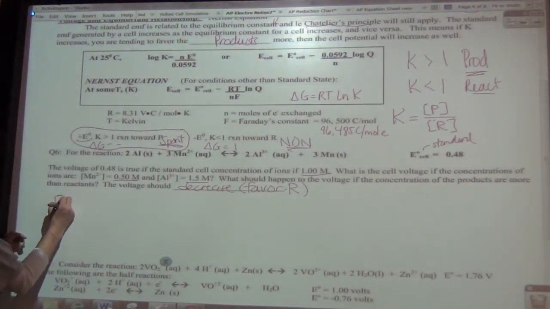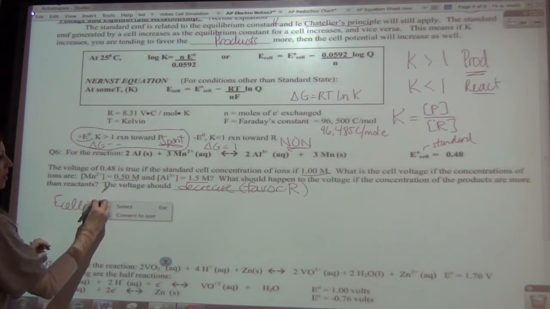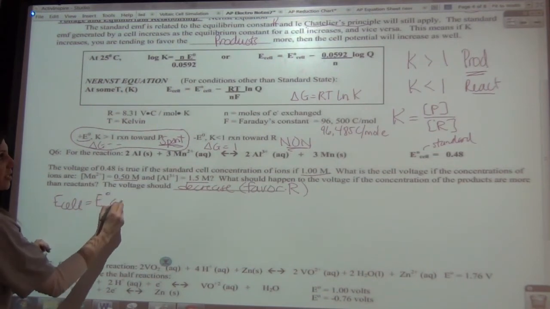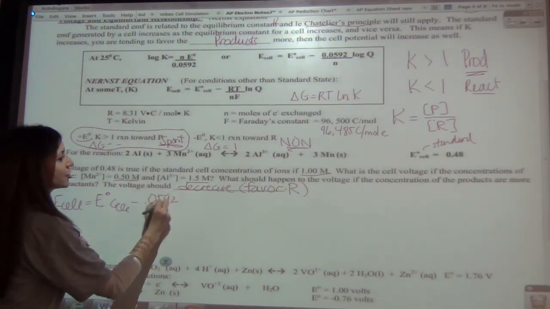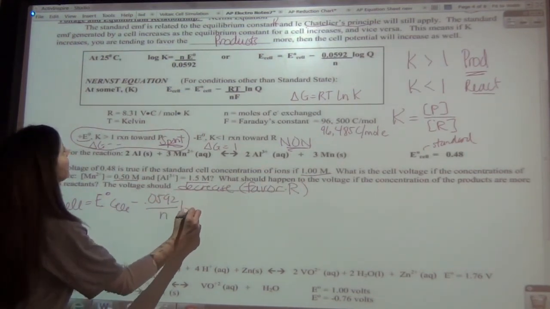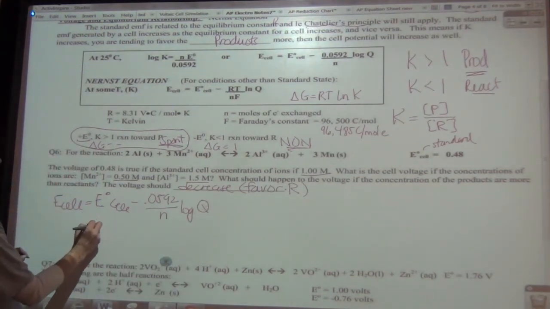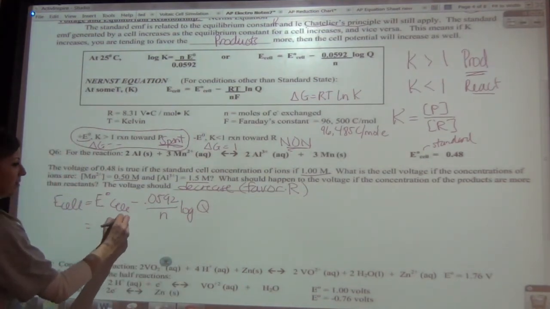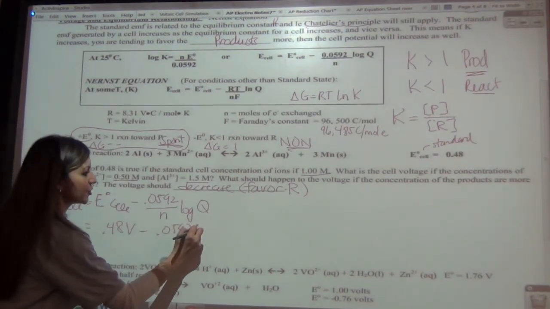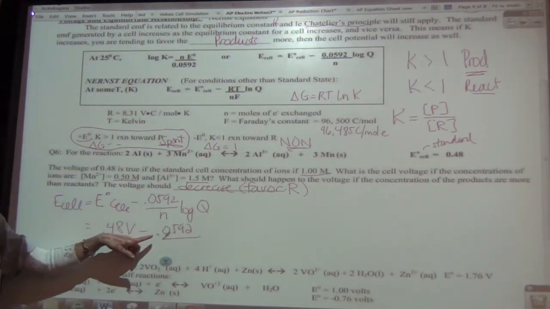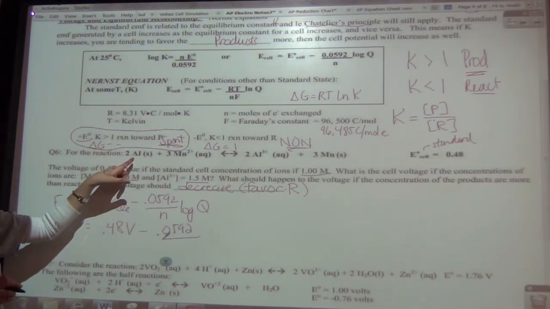So we're going to say our E cell is equal to the standard E cell, we can write down the equation first, standard E cell minus 0.0592 over N times the log of Q. All right, so we know our standard E cell, they tell us that it's 0.48 volts minus 0.0592 over our moles. And so the question is, how many moles are being transferred in this case?